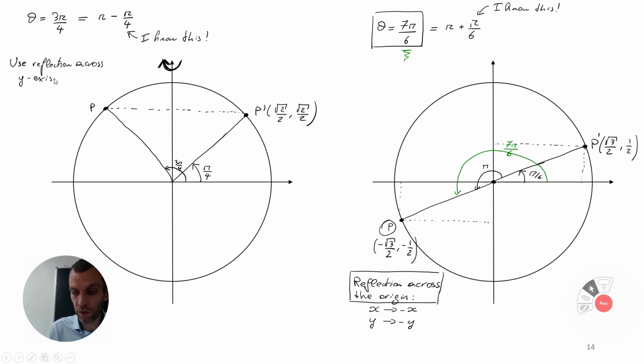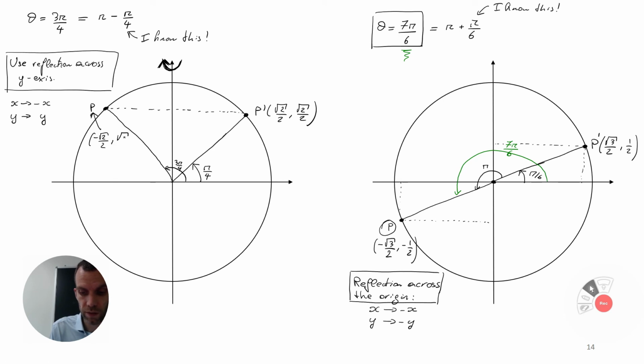And in particular, what that does is it turns my x into minus x, and my y stays the same. So for the point P, what we then get is that the x becomes minus square root of 2 over 2, and the y is square root of 2 over 2.